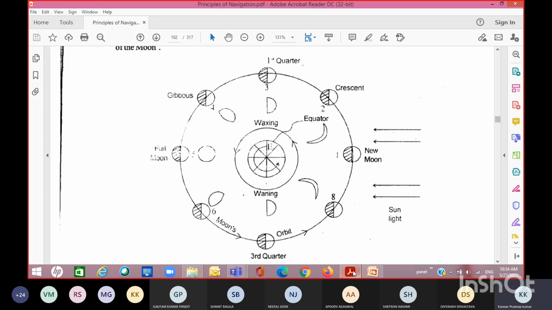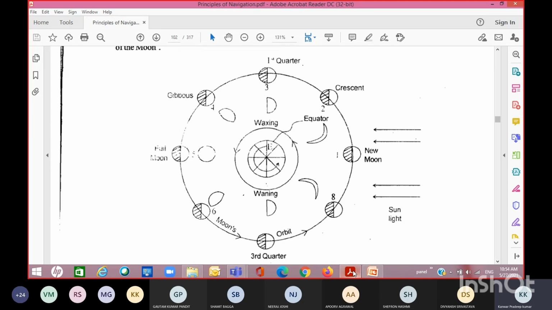You will notice that from new moon to the full moon, maybe the crescent is pointing down. And from the full moon to the new moon, the crescent is pointing in the opposite direction. So keep this as an exercise and watch the moon how it goes.